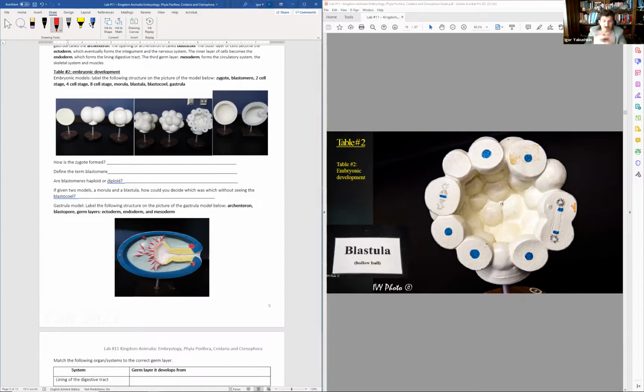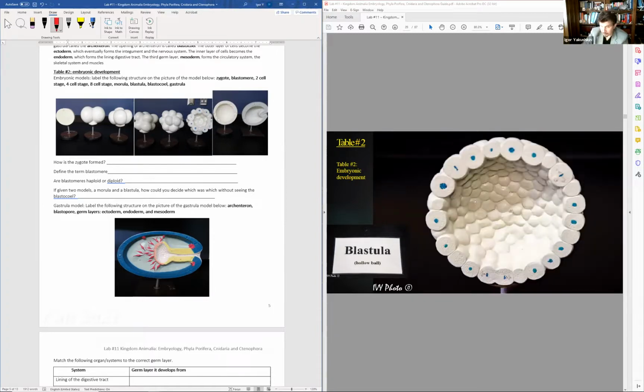So in this case, that's the same idea. We're talking about the structure. Blastula is made out of a bunch of cells, each of the cells known as a blastomere. So here we go. Continue to have a blastula, hollow ball. Each one of those cells is a blastomere. Any questions regarding that? All right.